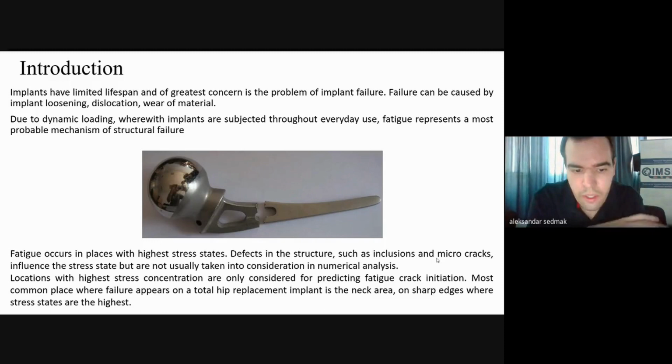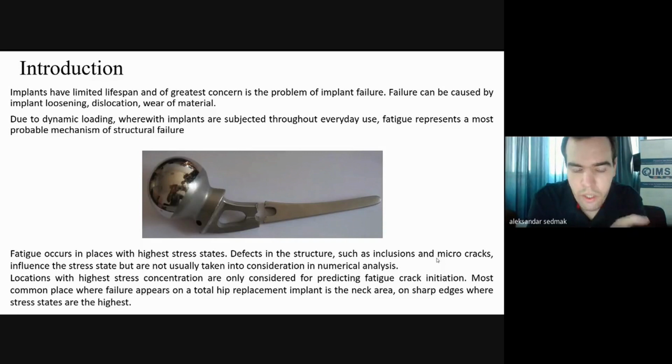So inclusions and that type of volume defects are not usually taken into consideration when we are experimentally and numerically testing these implants. The main concern with the hip implant are the locations with the highest stress concentration.